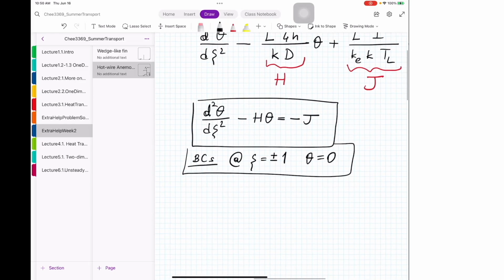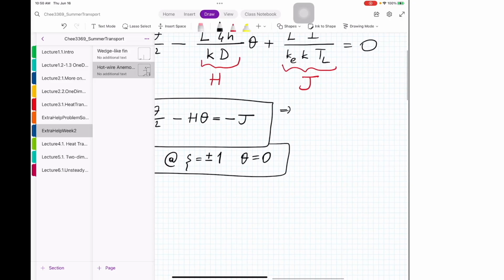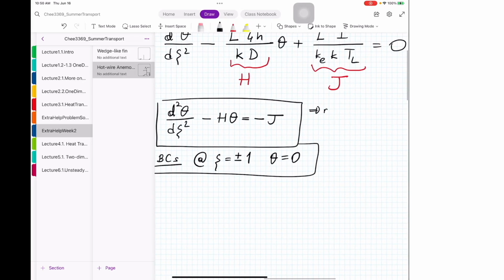What kind of a differential equation is this? It's a second order, non-homogeneous, ordinary differential equation, right?